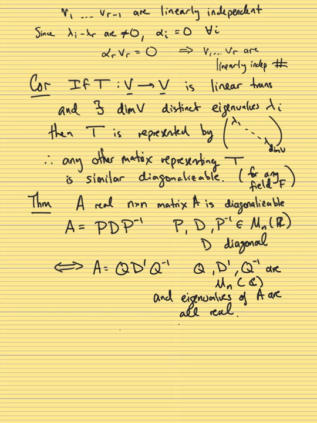Okay, so you have to be able to diagonalize over the complex matrices, and you need all real eigenvalues. In that case, you could actually have chosen your diagonalizing matrices to be with real coefficients rather than complex ones.